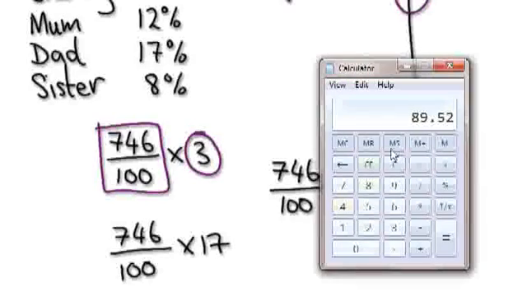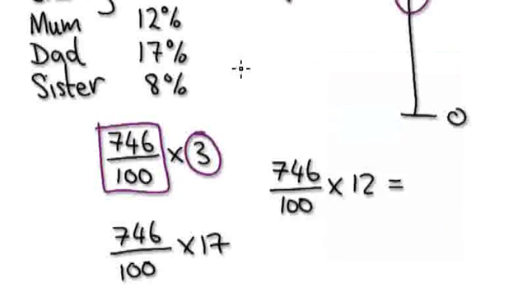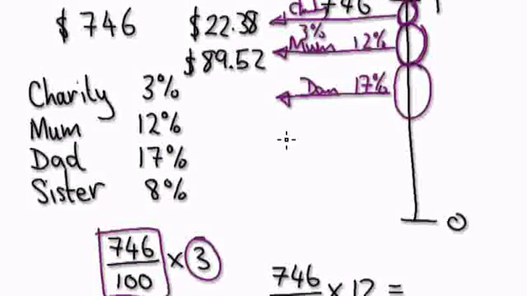So calculator, 746 divided by 100, and then times 17, because you're giving 17 pieces, 17% to your dad. So 126.82. $126.82 goes to your dad.